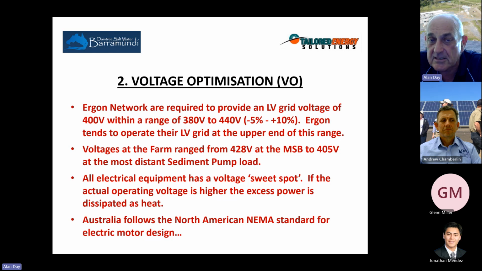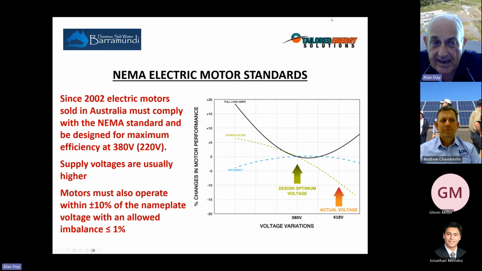What that means is that all motors are designed to be most efficient at 380 volts. And as I've just said, actual supply voltages are usually higher.